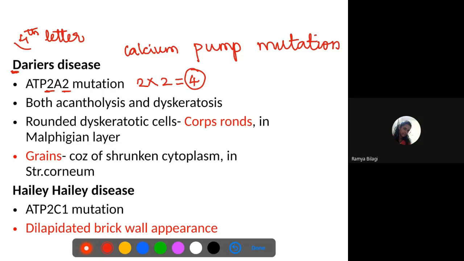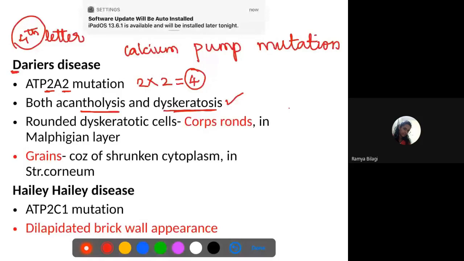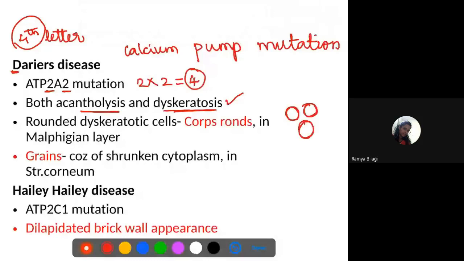So here in this condition we see acantholysis, that is, a loss of cohesion between the layers of stratum spinosum, and dyskeratosis. This I shall explain later. Because there is acantholysis, we see rounded dyskeratotic cells. When there is acantholysis, the structure is lost, the cells become round.